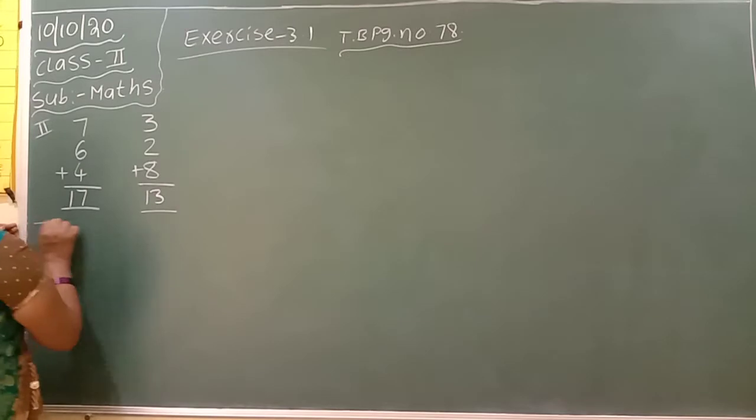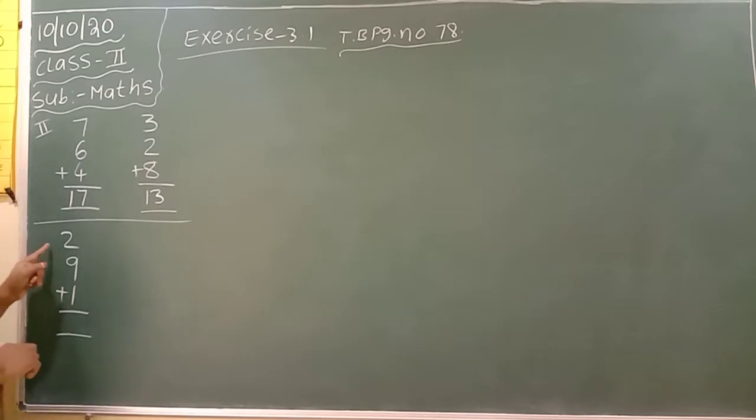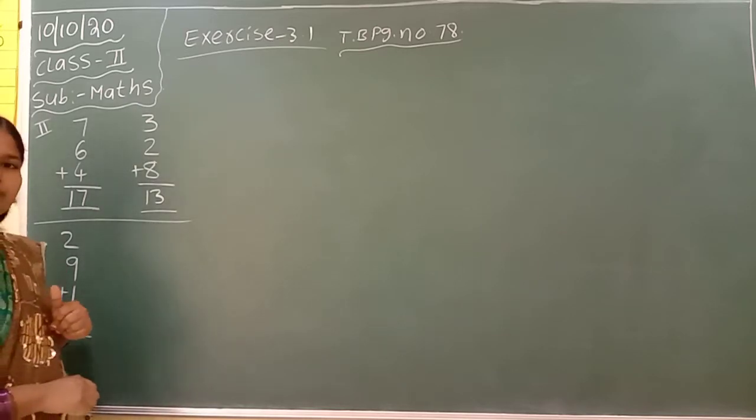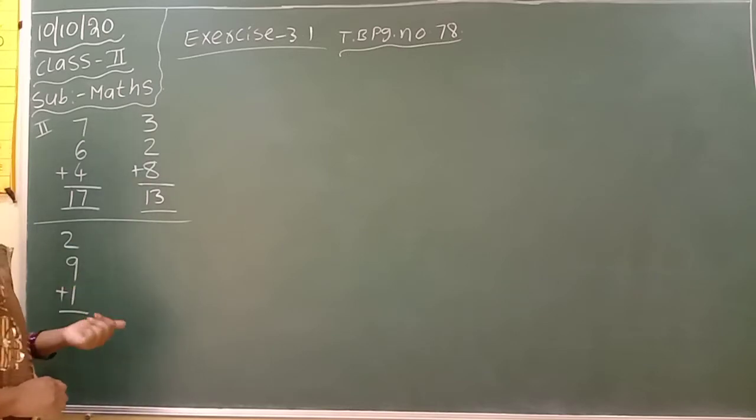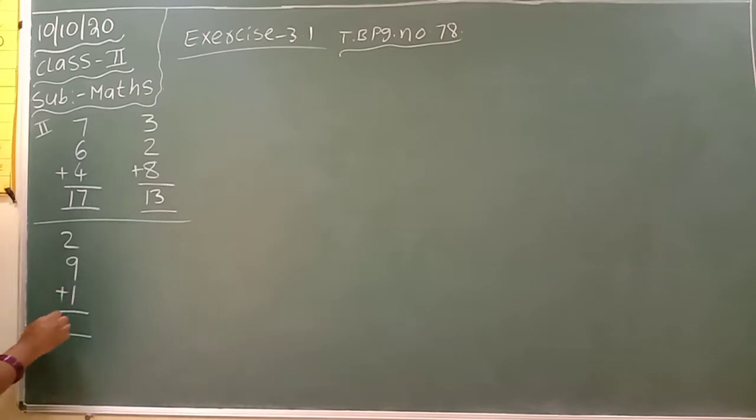Okay. Next question. 2, 9, 1. Here first 2 is there, 9 is there and 1 is there. You have to observe which two numbers adding give 10. 9 plus 1 is 10. 10 plus 2 is 12. Like this.